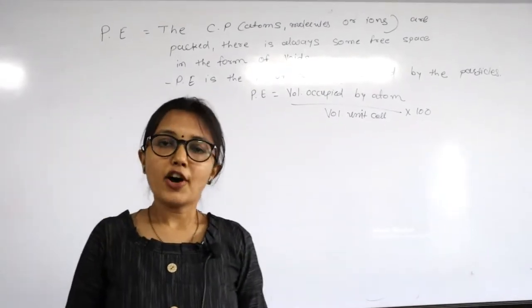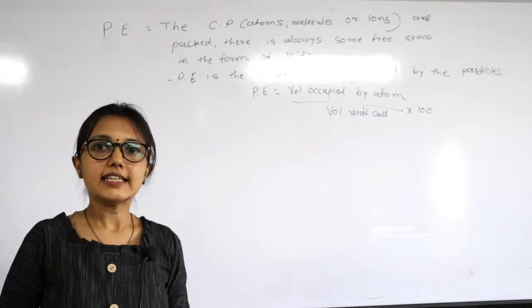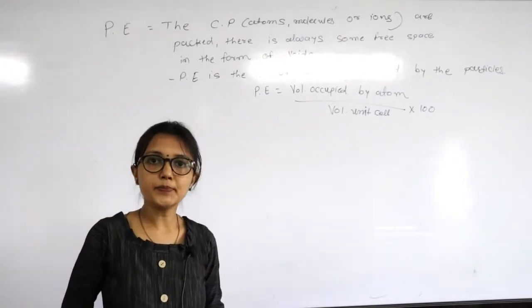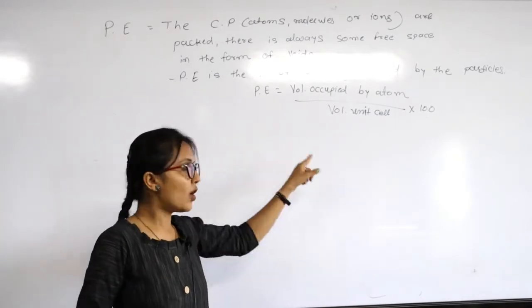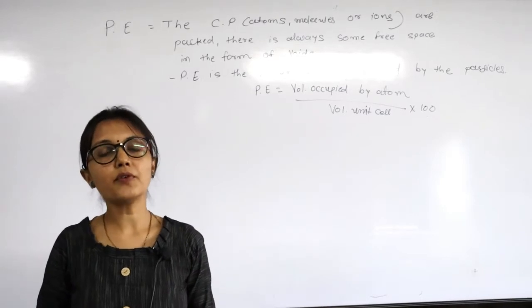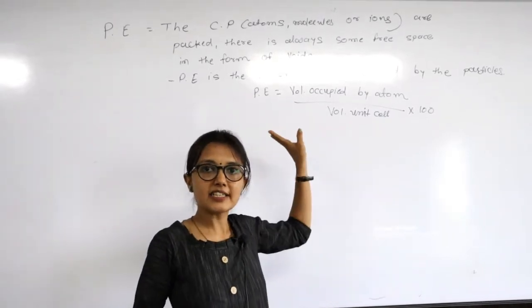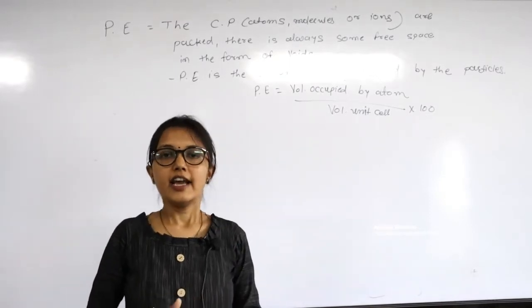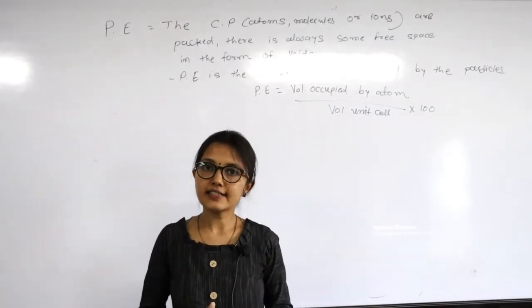And the formula of packing efficiency is equal to the volume occupied by atoms divided by the volume of the unit cell, and since the word percentage is present, multiply by 100 and it is easily calculated as a percentage.